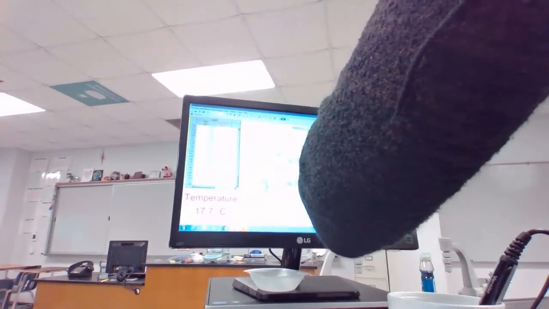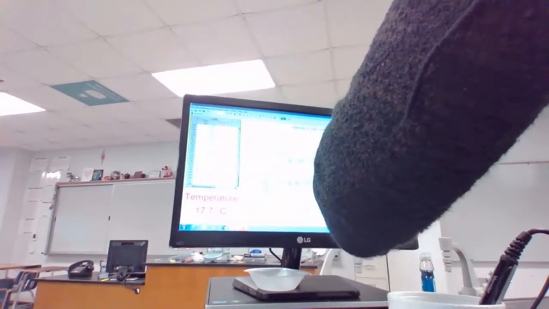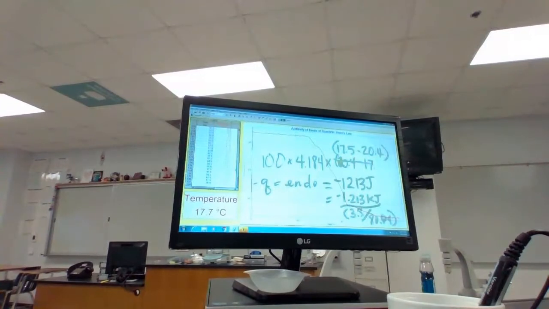Okay, so we are going to divide by the number of moles. To get the number of moles, I did the mass of the ammonium nitrate divided by the formula mass of the ammonium nitrate. So this is what I get. When I put all that into my calculator, negative 1.213 divided by, actually, let's make sure I do this right, 3.3 divided by 80.04.